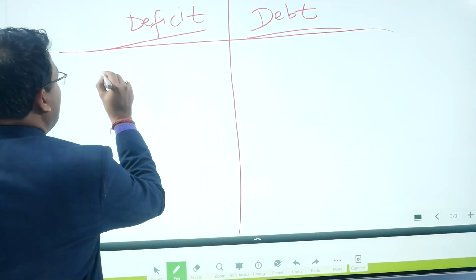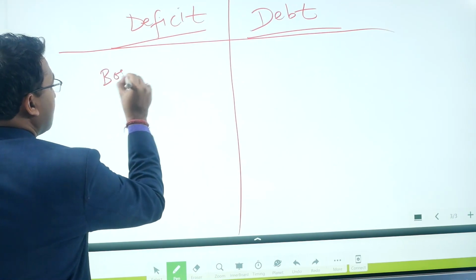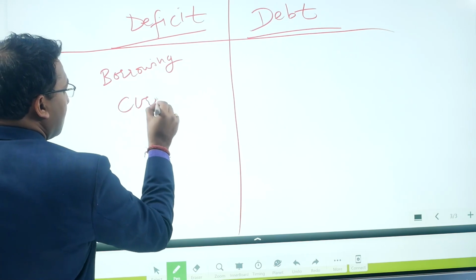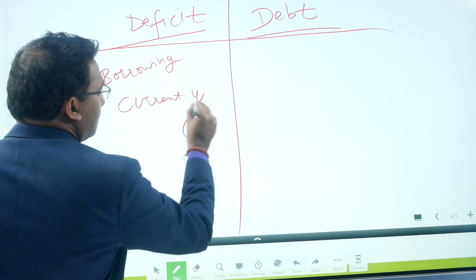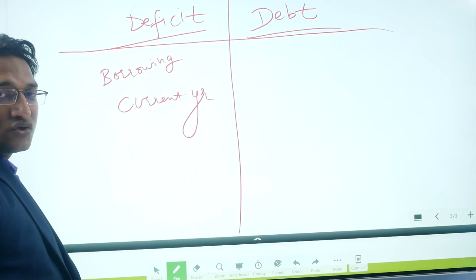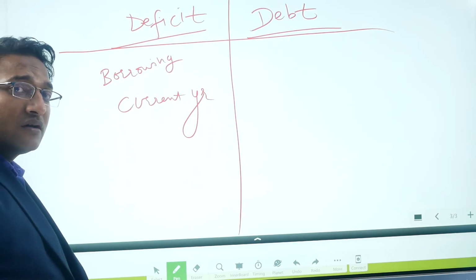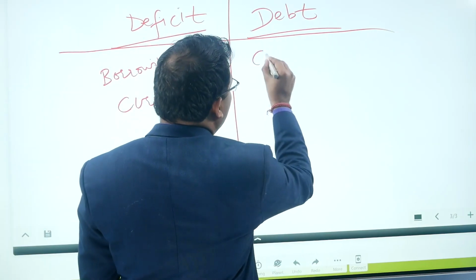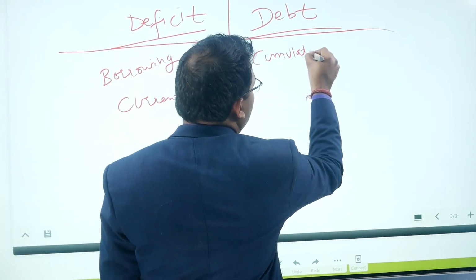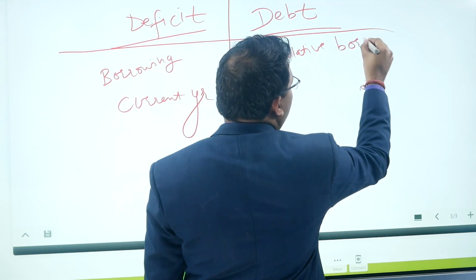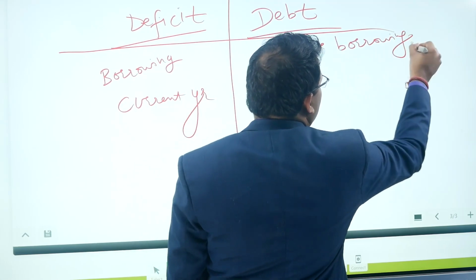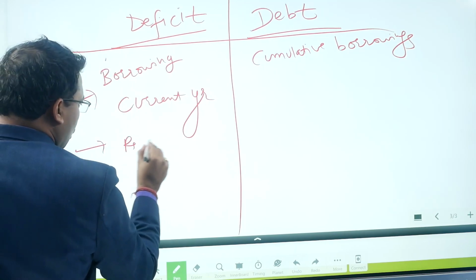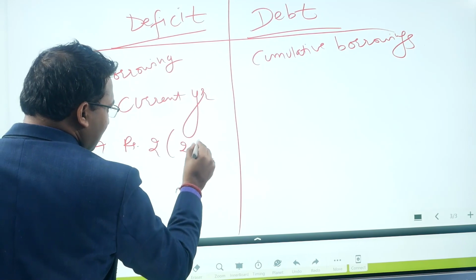Deficit means the borrowings of the current year. The amount that the government has borrowed for the current year, that is deficit. For example, the government has taken a loan of rupees 2 for 2019-20.